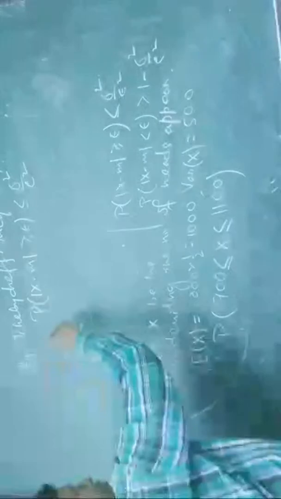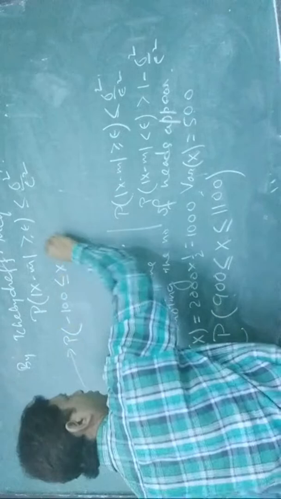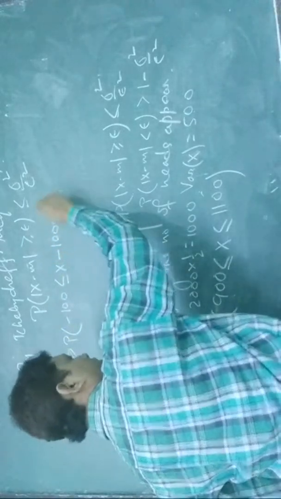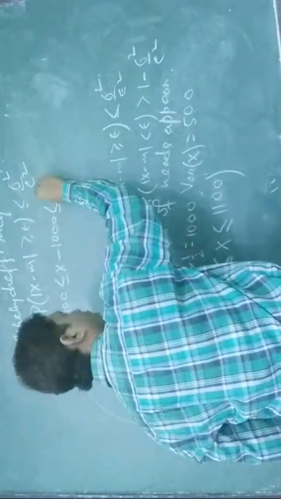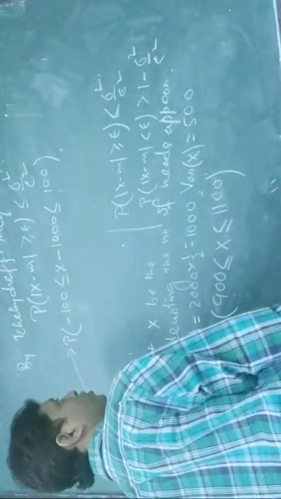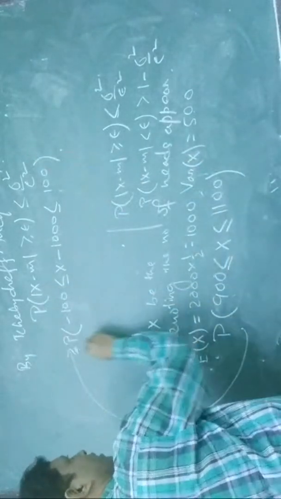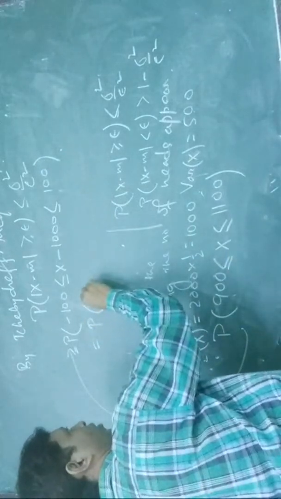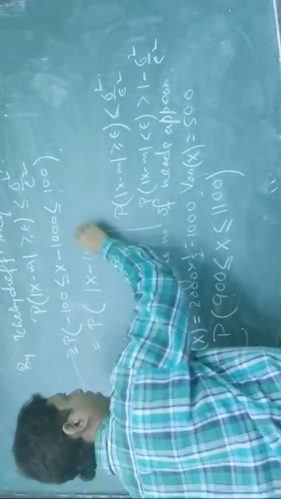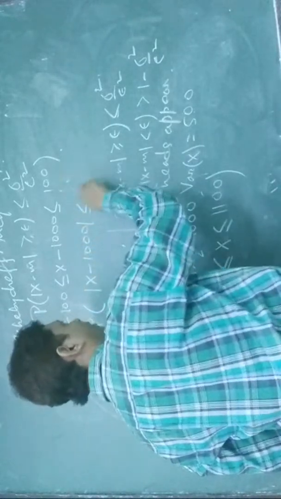Probability of minus 100 less than equal to x minus 1000 less than equal to 100. This is written as probability of mod x minus 1000 less than epsilon 100.